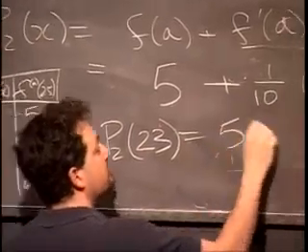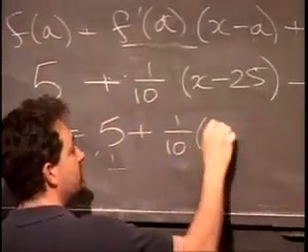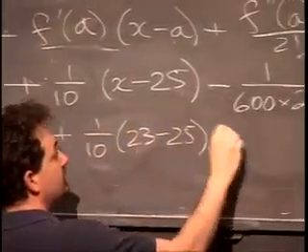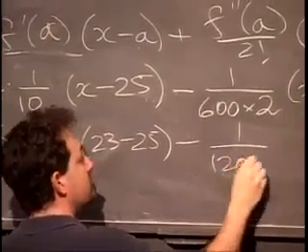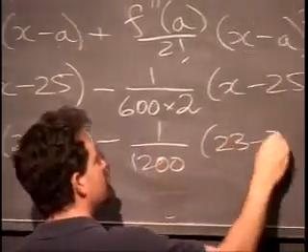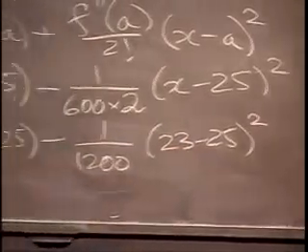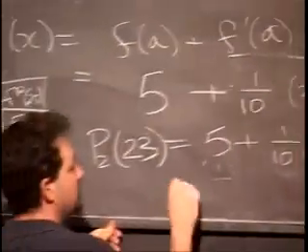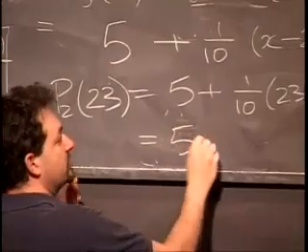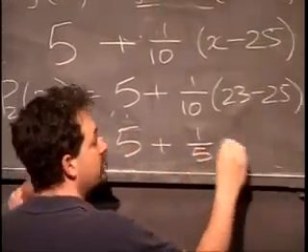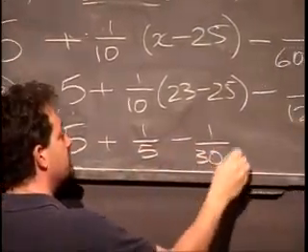So that's 5 plus a tenth times 23 minus 25 minus 1 over 1200 times 23 minus 25 all squared. And this, of course, is just 2 squared, which is 4. So it's easy enough to work this out. It's 5 plus 1/5 minus 1 over 300.